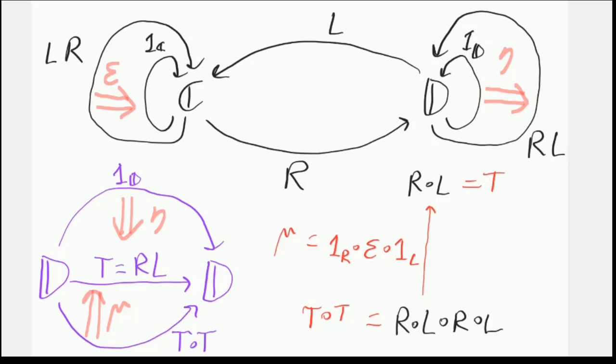But what's even more interesting, I think, is that we can also go the other way around as well. Whenever we have monads, we have adjoint functors.